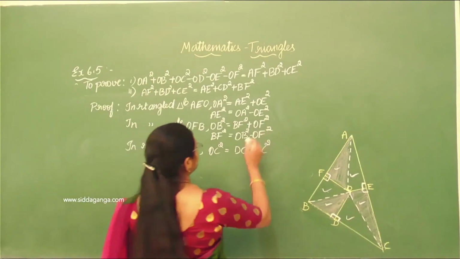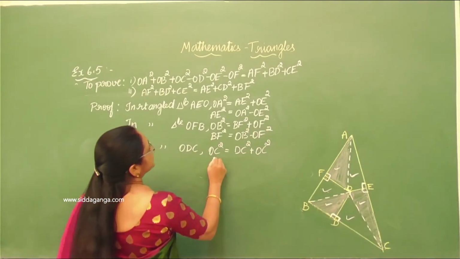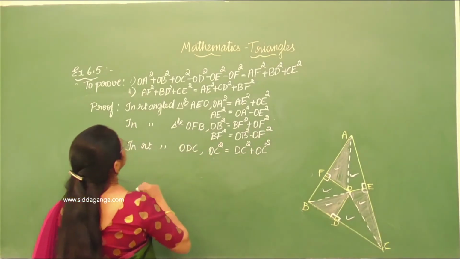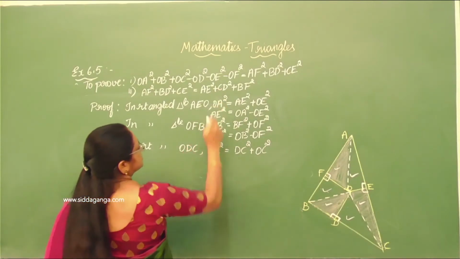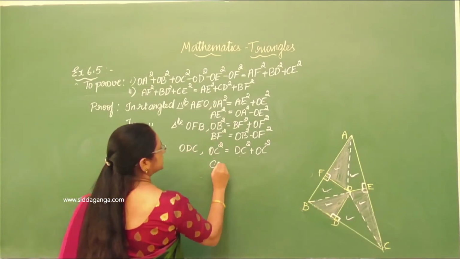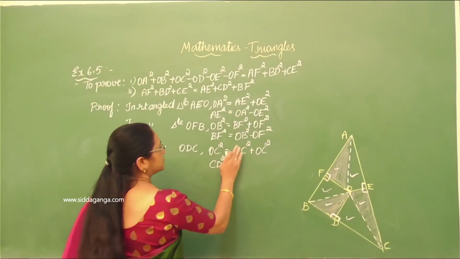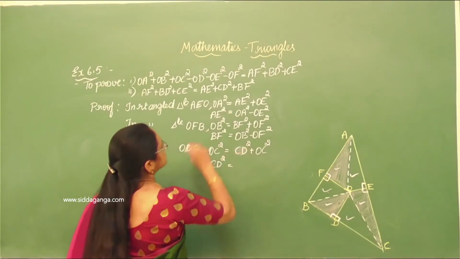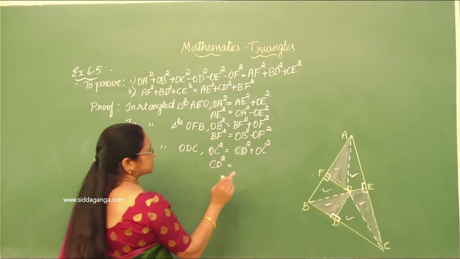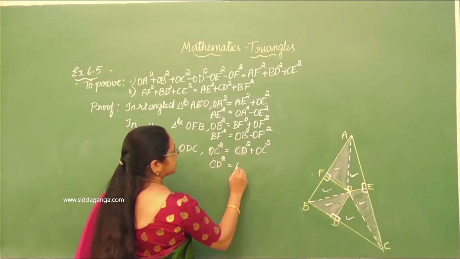Now we have here DC square. Okay, here CD it is there. I'll write this as CD square, because in the question it is CD, so I have changed.